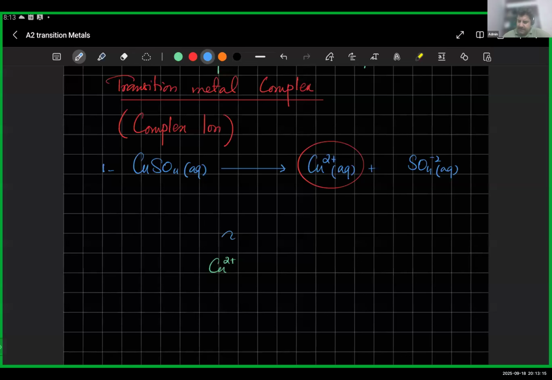So copper 2+ has six sides: there's top, there's bottom, there's a right side, there is a left side, and the dotted line indicates the z-axis.